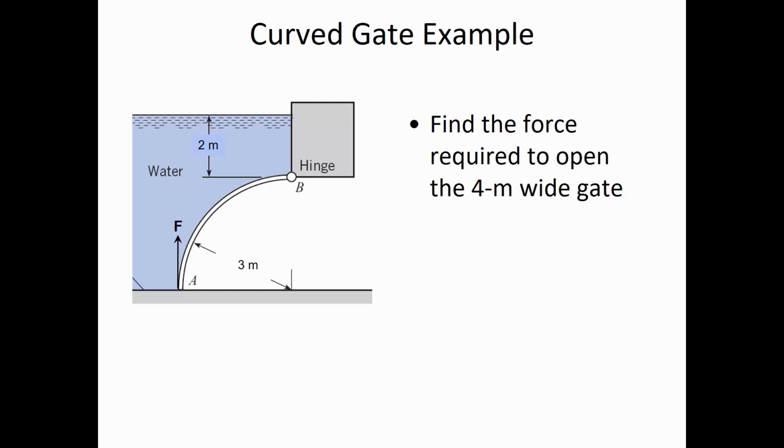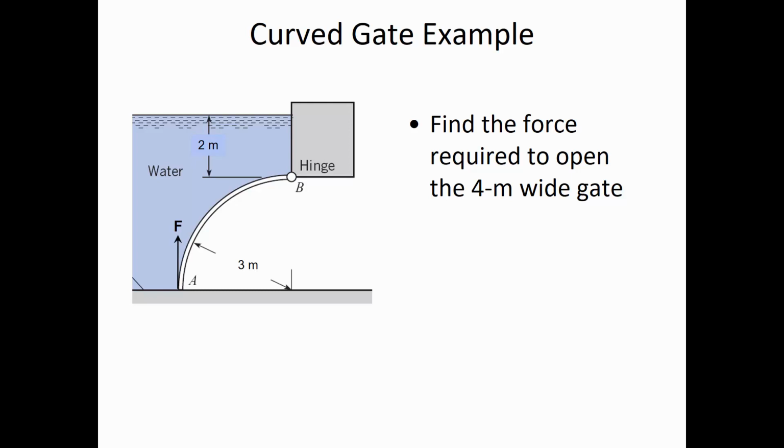So we want to find out the force required to open the gate. If we think about what the forces are, where they are, and how much they are, it's going to be, in the end, a moment analysis problem, where we've got this force F that we want to find out how big it is. There are vertical forces and horizontal forces that are trying to close the gate, so those are both working in the counterclockwise direction.